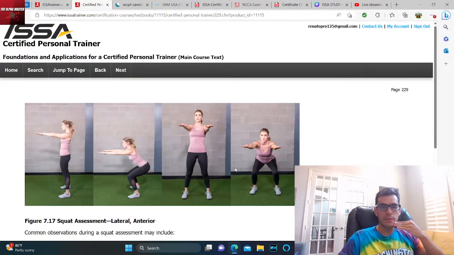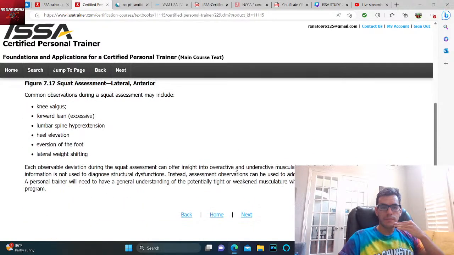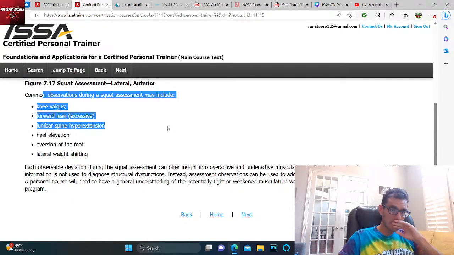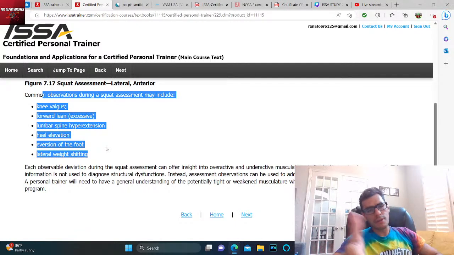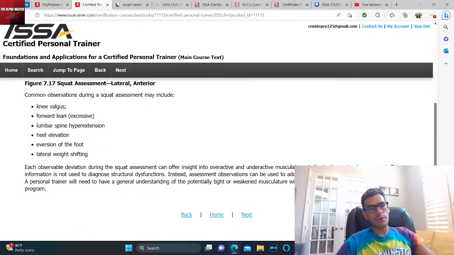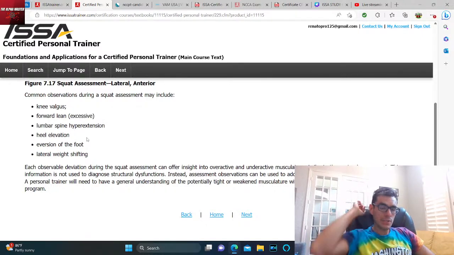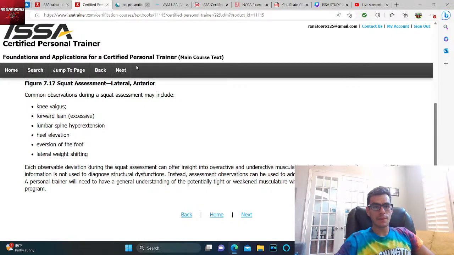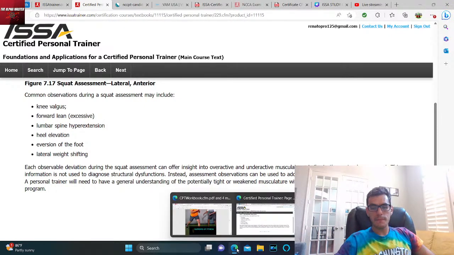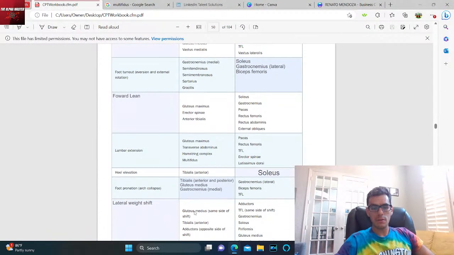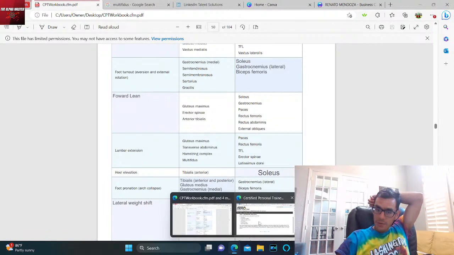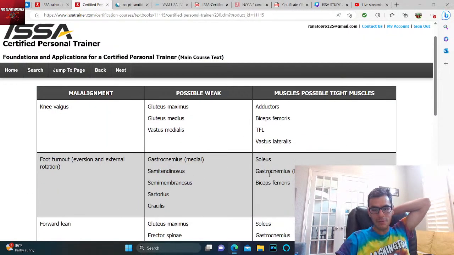There are the squat assessments. Common observations on a squat assessment include knee valgus, excessive forward lean, lumbar spine extension, heel elevation, eversion of the foot, and lateral weight shifting, which is the same as in this one. Foot pronation is the only one that is the foot turn out. Anyways, I'm just trying to look at it.